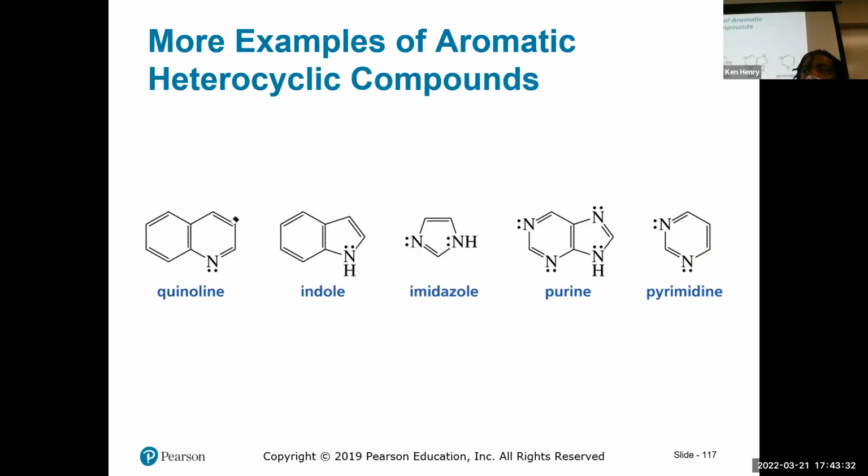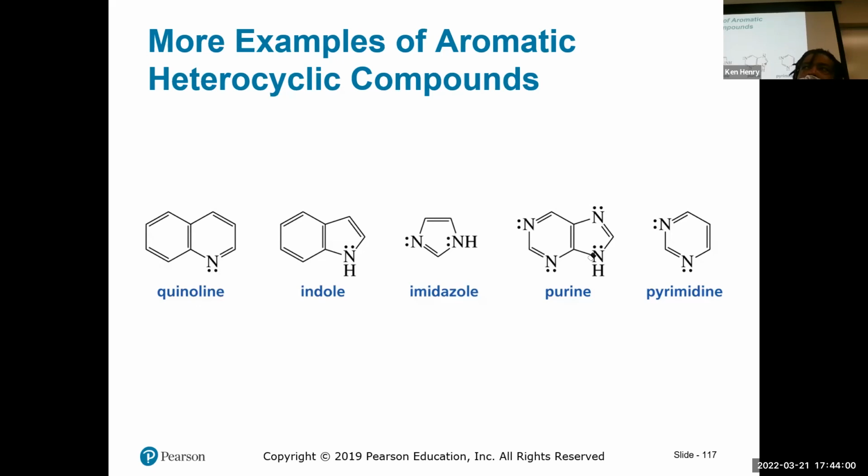Okay. So these are more examples of aromatic heterocyclic compounds. So we have quinoline, we have indole, we have imidazole, and then we have purine, and then we have pyrimidine.